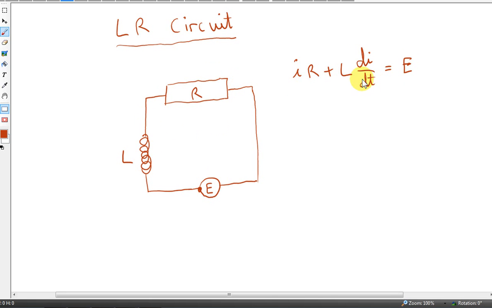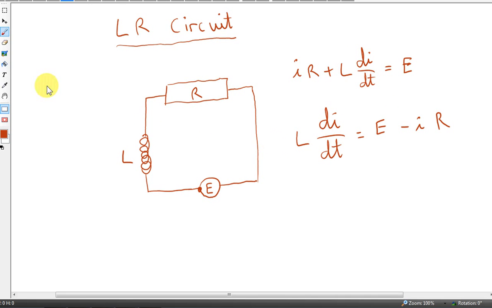Now, we want to separate this differential equation so that I is on one side and t is on the other side. Let's see that this differential equation is actually separable. Well, we subtract IR from both sides.